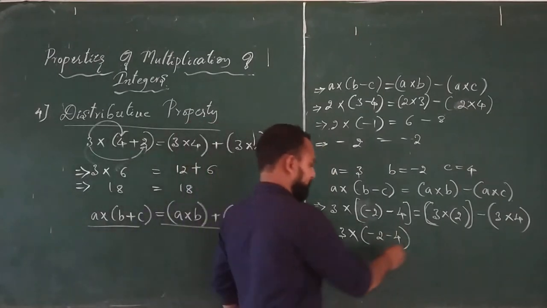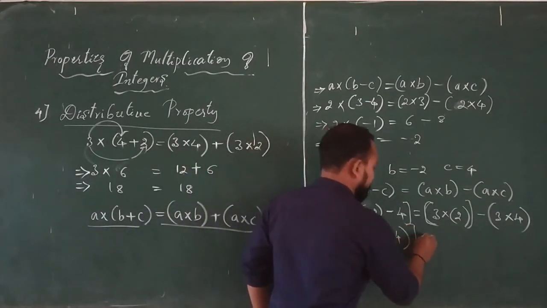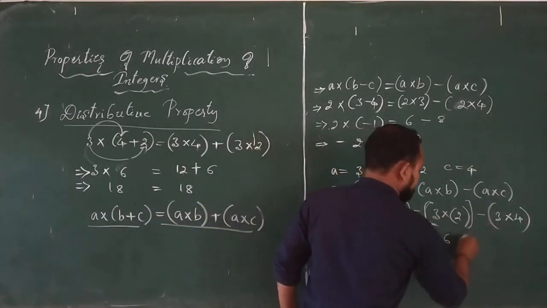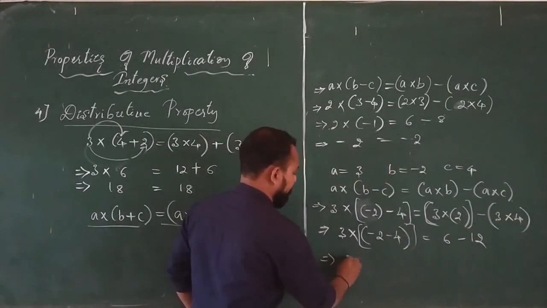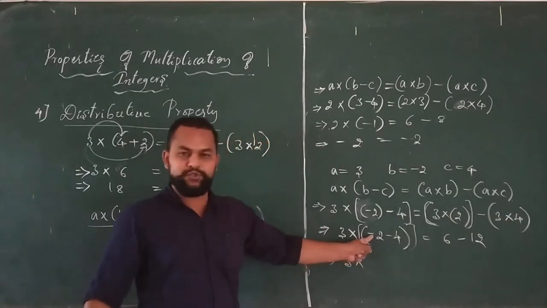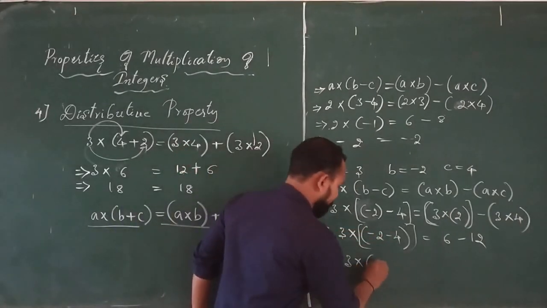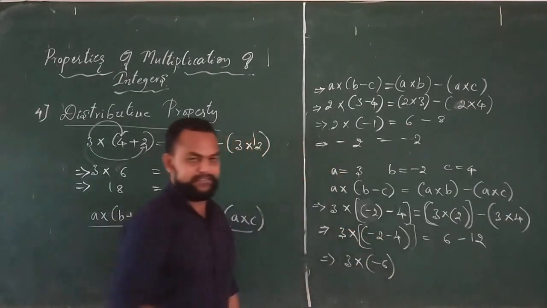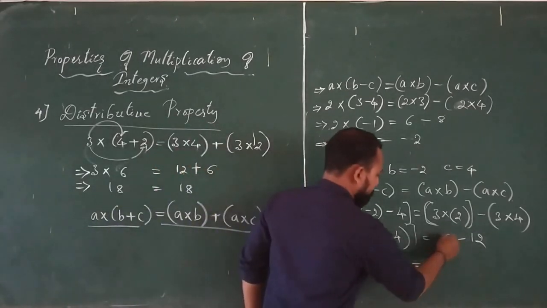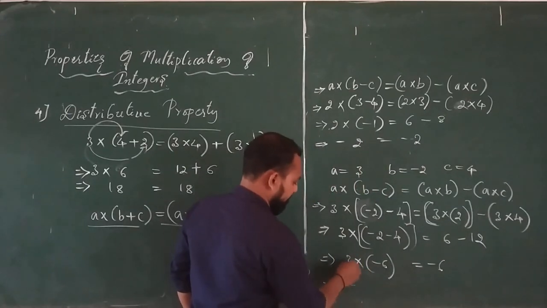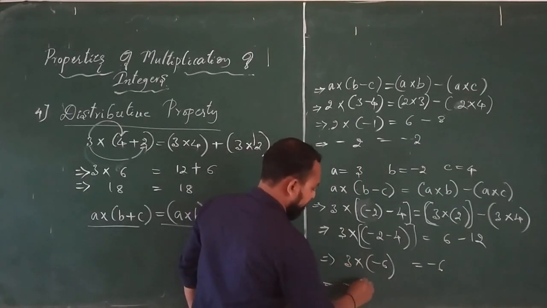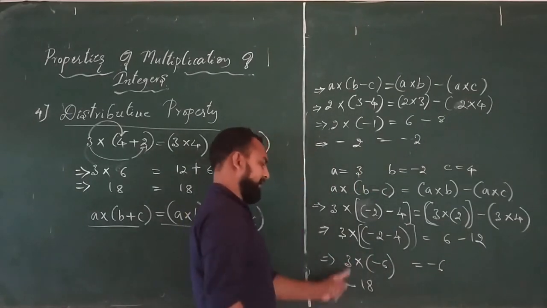3 into minus 2 minus 4 is 3 into minus 6, which is minus 18. On the other side, 3 into minus 2 is minus 6, minus 3 into 4 is 12, so minus 6 minus 12 is minus 18.